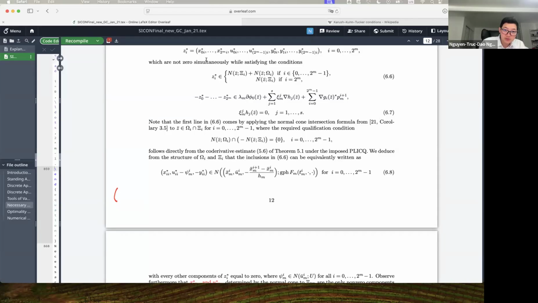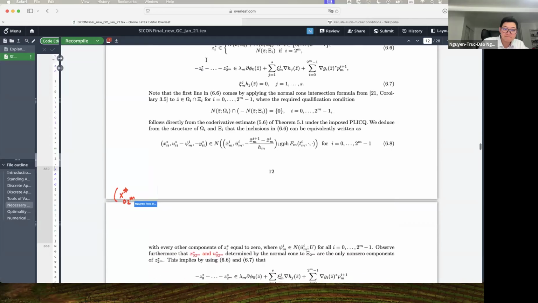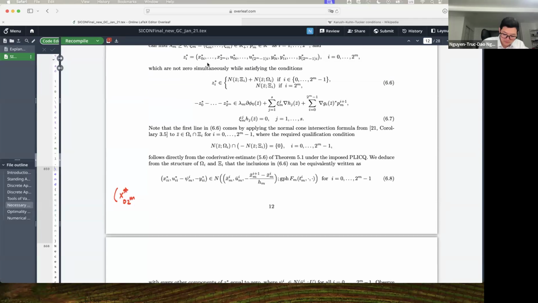Z star 2m is gonna be x star 0 2m, x star 2m, u star 0 2m, u star 2m minus 1 2m, y star 0 2m, y star 1 2m, y star 2m minus 1 2m.